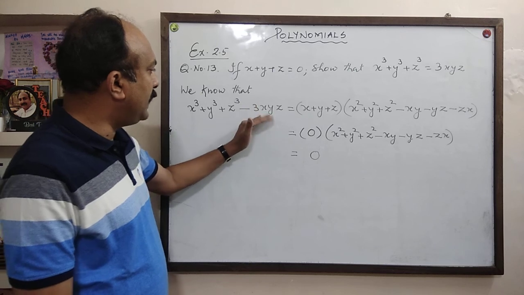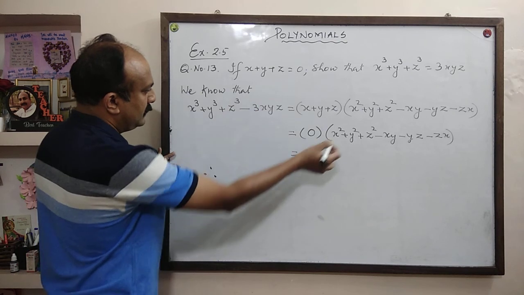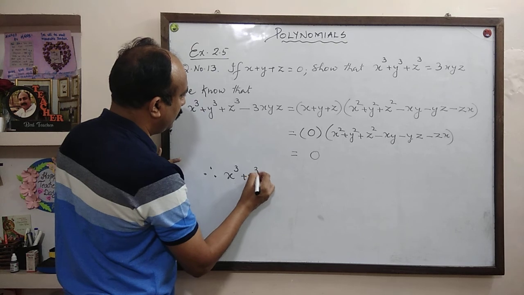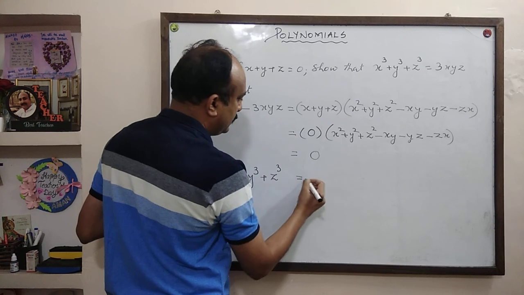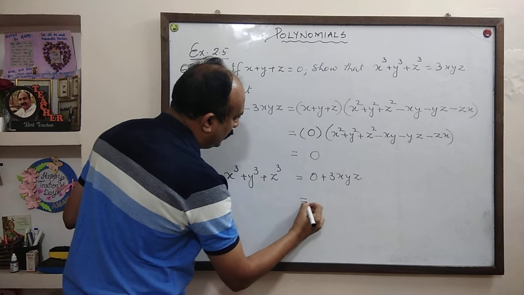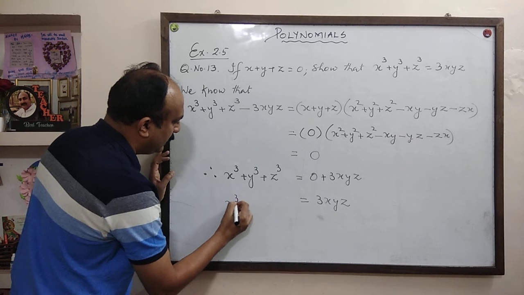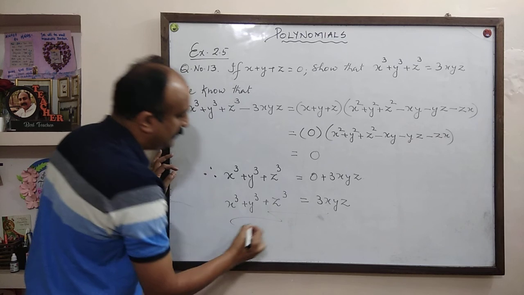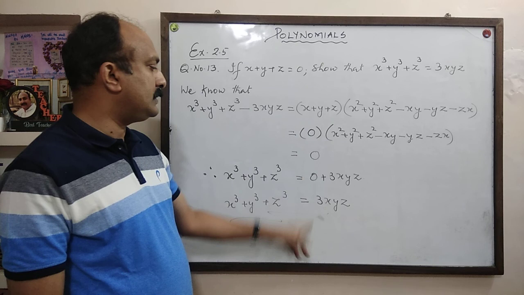So I am shifting this minus 3xyz term to RHS. Therefore x cube plus y cube plus z cube is equal to 0 plus 3xyz, or 3xyz. So we got x cube plus y cube plus z cube is equal to 3xyz when x plus y plus z equal to 0.